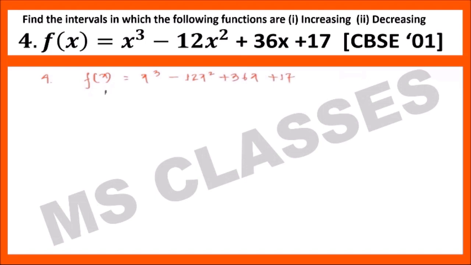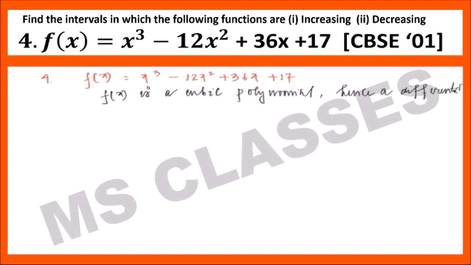Right, f(x) is a cubic polynomial, hence a differentiable function in R. So we find f'(x) equals 3x squared minus 24x plus 36.